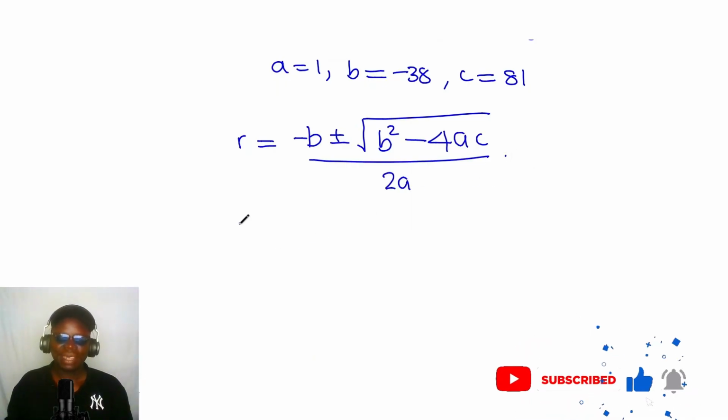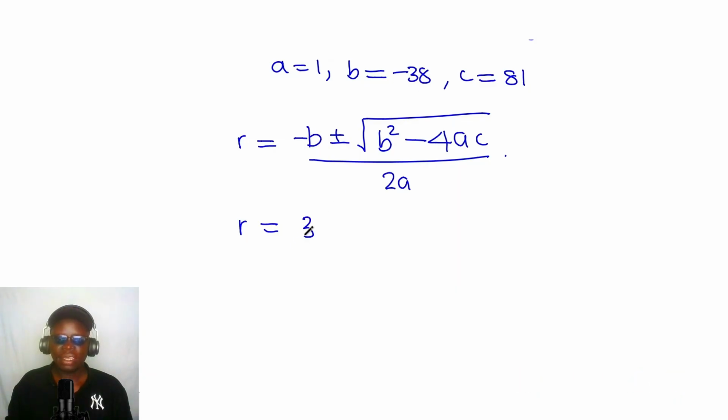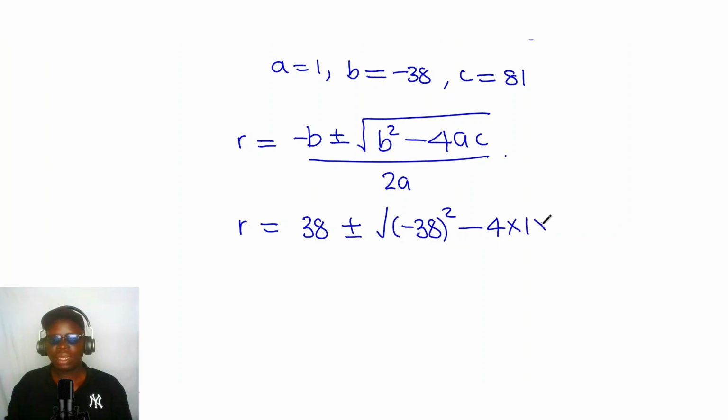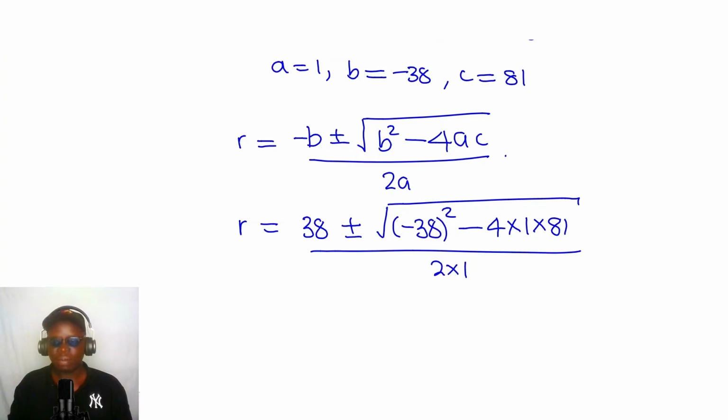So let's make substitution to our formula here. We have negative times negative 38, it becomes positive 38 plus or minus. Also, we have to place our 38 inside the bracket because we are squaring. Then we say minus 4 times A is 1 times C is 81. So we're gonna work out the numerator and also the denominator 2 times 1.